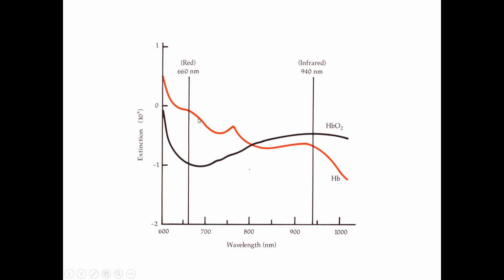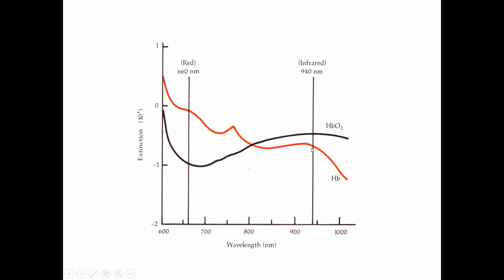So the red curve represents the deoxyhemoglobin, whereas the black curve in this diagram represents the absorption by the oxygenated hemoglobin. So the red light is more absorbed by the deoxygenated hemoglobin, whereas the near infrared, which is 940 as we said, is mainly absorbed by the oxygenated hemoglobin, and much lower is absorbed by the deoxygenated one.